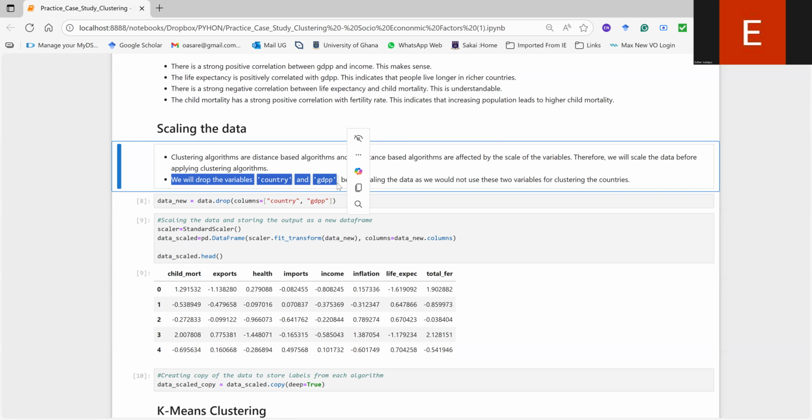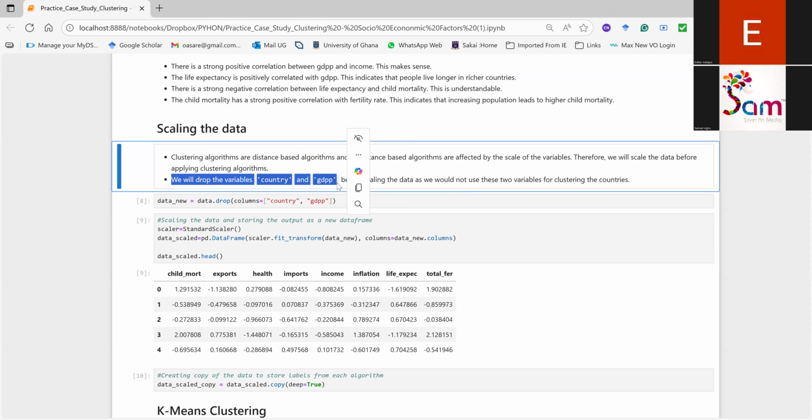Before we started, you said the objective of this was to look at the other things that affect the socioeconomic factors in the country. That's why we don't need the GDP for the clustering. Okay. Yes, Samuel.